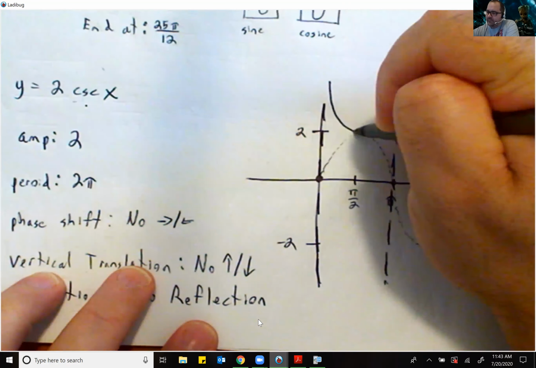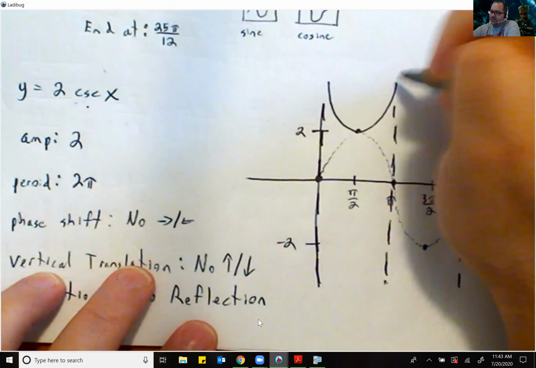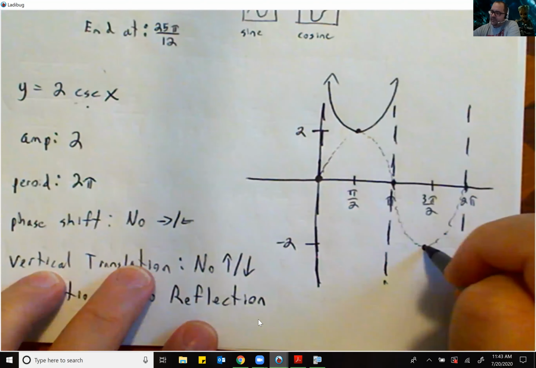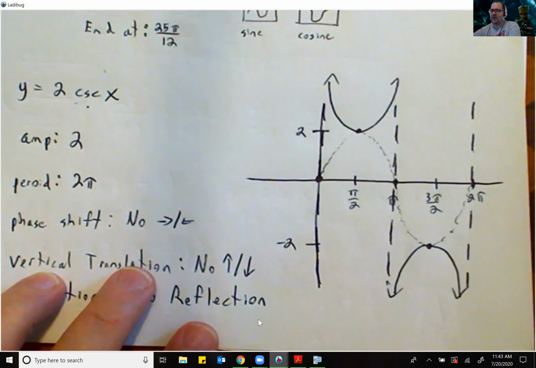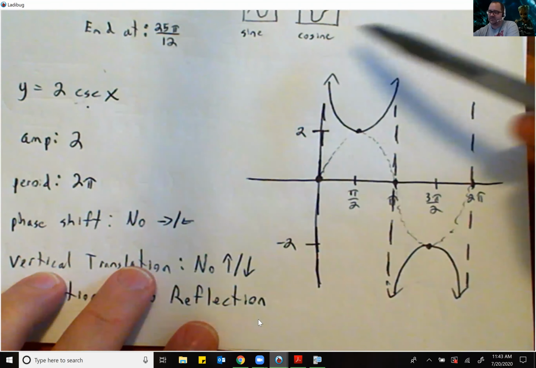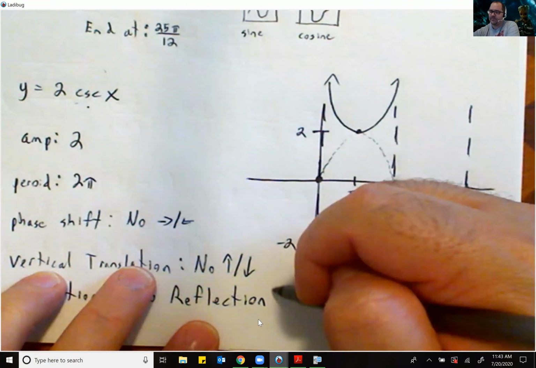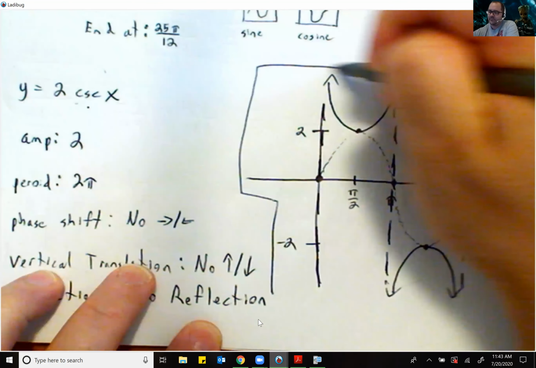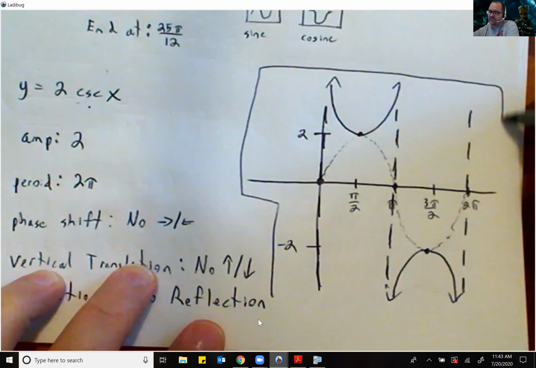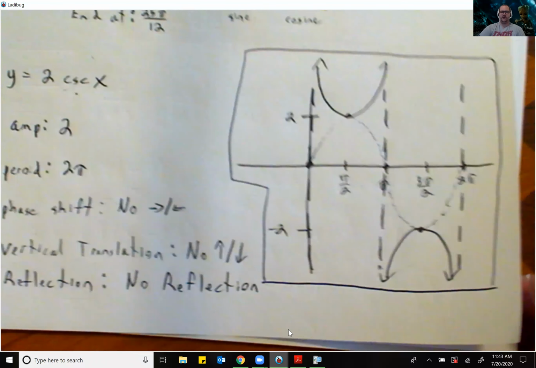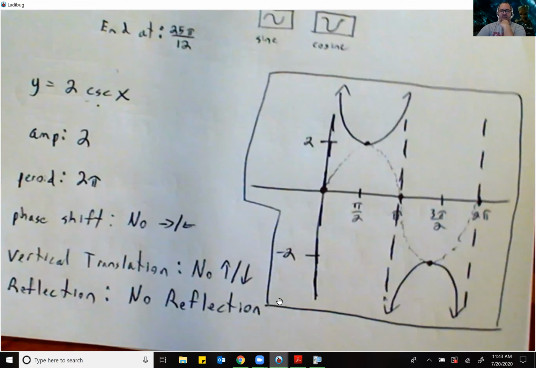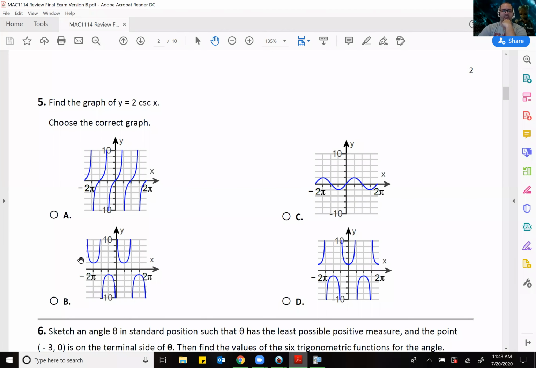So there's the flip of that graph. There's the flip of that piece of the graph. This is what 2 cosecant x looks like. So we just have to find the picture that matches that. And the picture that matches that is B. B is our graph.